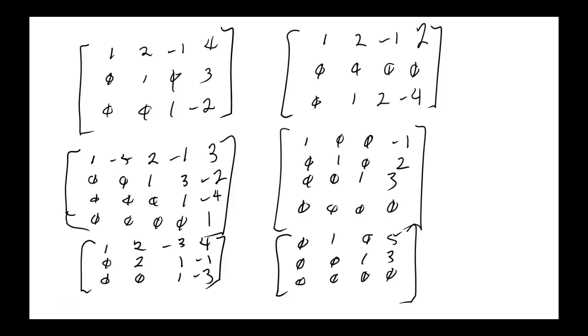Z is equal to 3, Y is equal to 5. And by the way, this would be reduced row echelon form as well. It's row echelon and reduced row echelon. And X could be any value at all. The others don't depend on it.